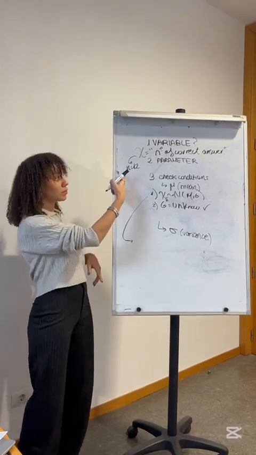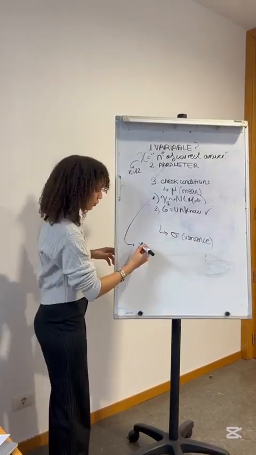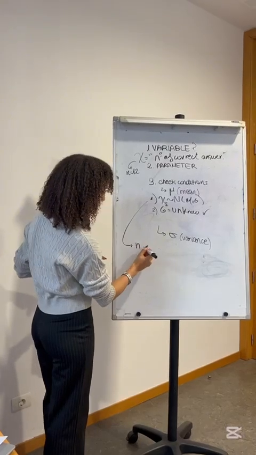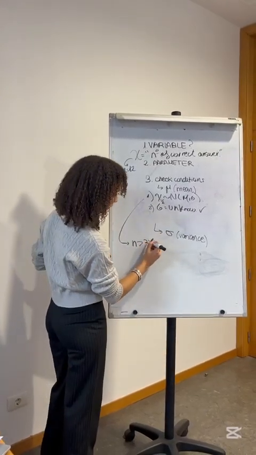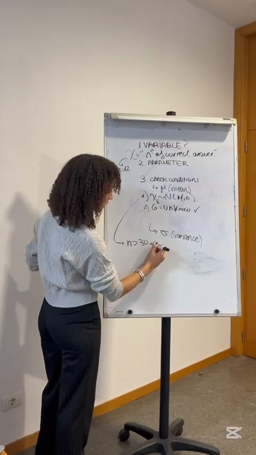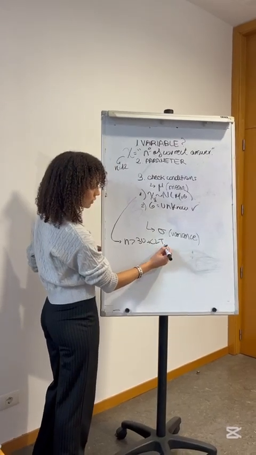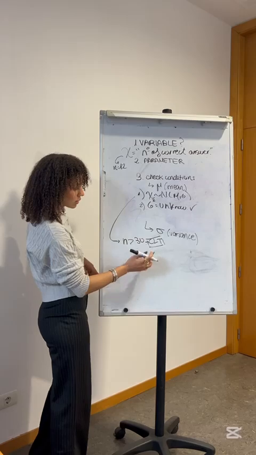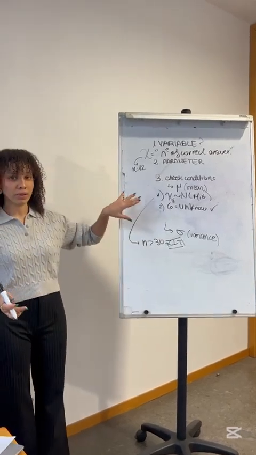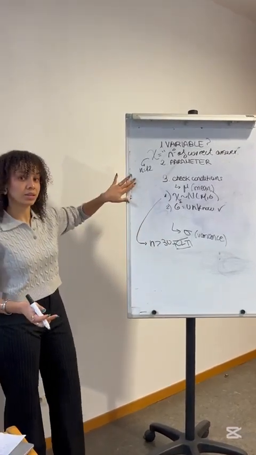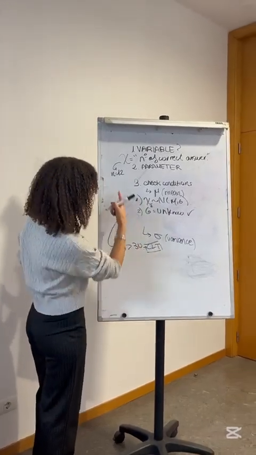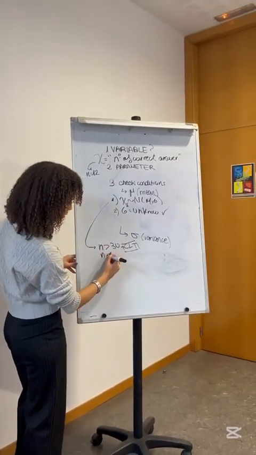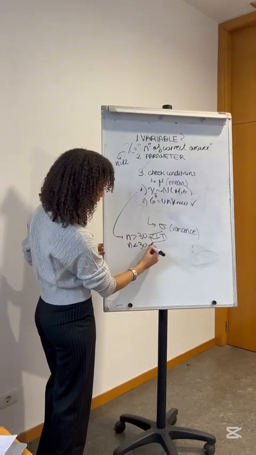So with the sample size equal to 12, we know that if the sample size is greater than 30, we can apply the central limit theorem. This means that it can follow a normal distribution, but we know that it's not greater than 30, so our sample is lower than 30.